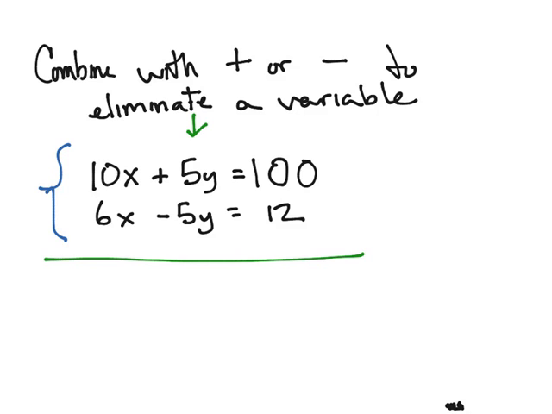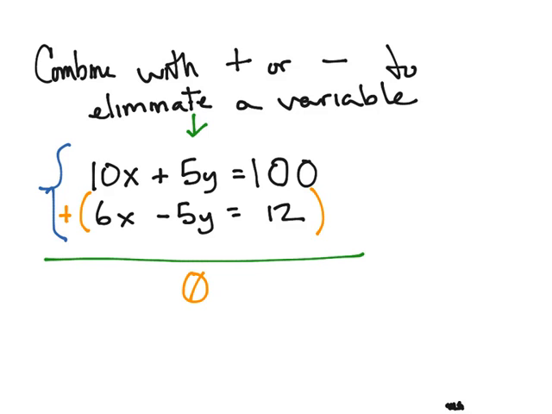So we have a positive 5y and a negative 5y. We just have to decide if we need to add these two together or subtract them from each other to make a 0. Our goal is to get that 0 right there. Since positive 5 plus negative 5 equals 0, we know we're going to add them together.